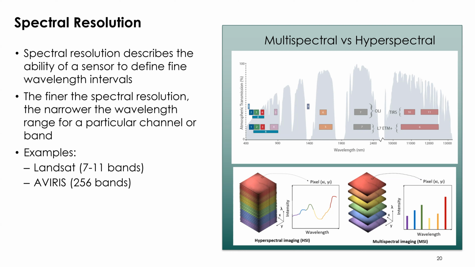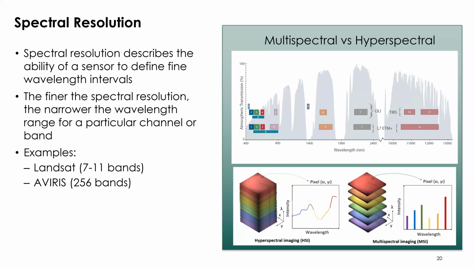So something like Landsat, for example, has around 7 to 11 bands or layers of information that correspond to each of these different wavelength types. So that's called multispectral because there's only 7 to 11 bands that cover all of these different wavelengths.